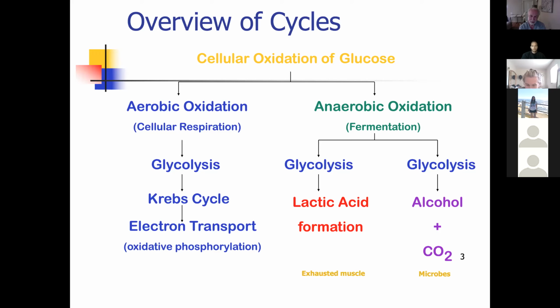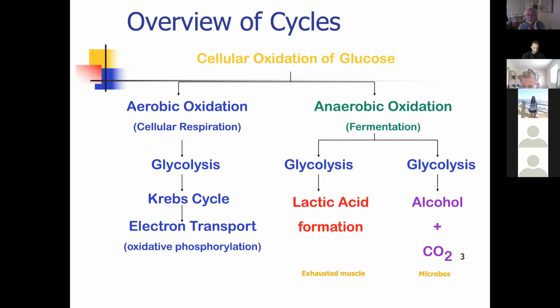Without oxygen, it's anaerobic, and that's when we get fermentation. This can be one of 2 branches. Depending on where it occurs, if it occurs in microbes, for example yeast, glycolysis produces alcohol and carbon dioxide.